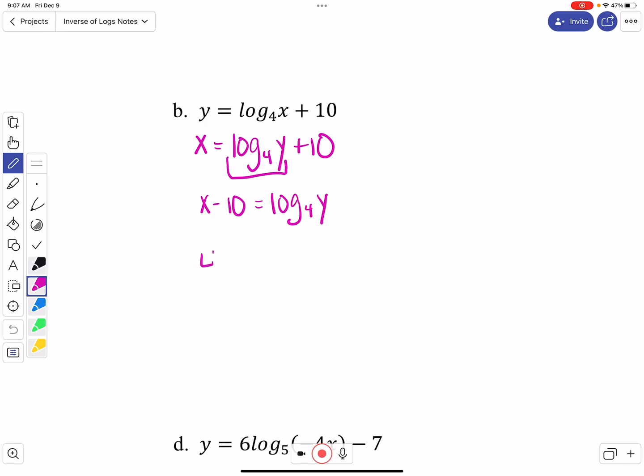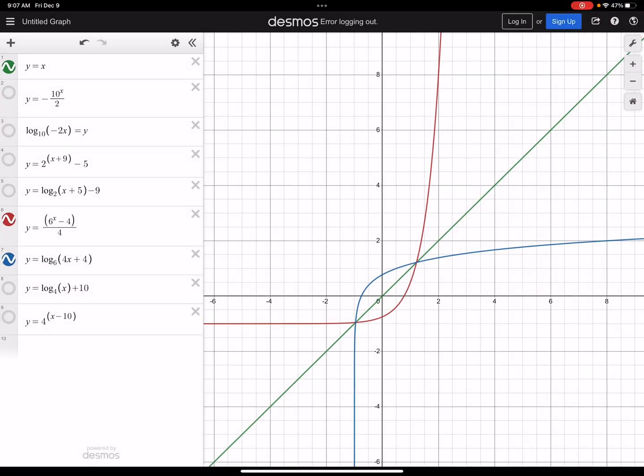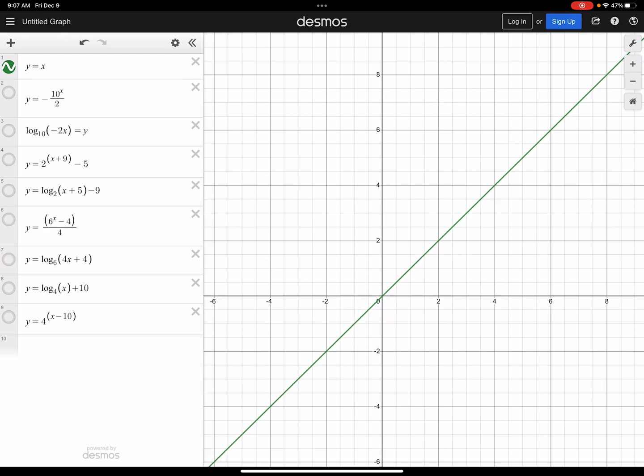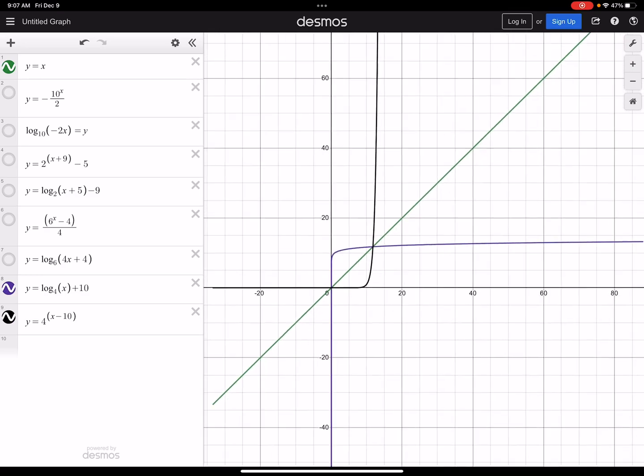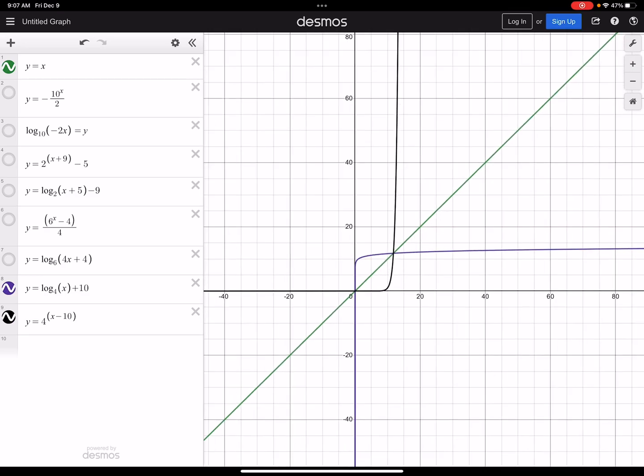So it's going to be 4 to the power of x minus 10 equals y. All right, so now that's my exponential function. If I want to check that in Desmos, it works both ways. There was my original function, and there was the answer that I got. And you can see that they are reflections of each other.